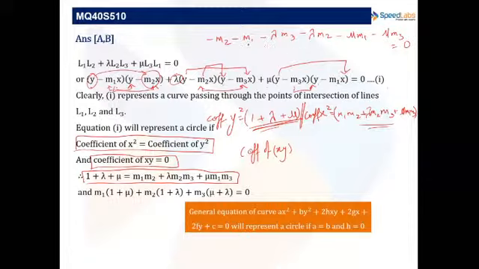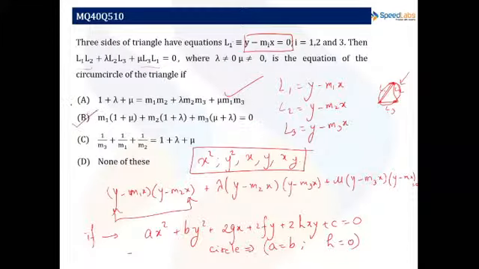So take this and this, we will be getting 1 plus mu into m1, and for m2, 1 plus lambda into m2, and for m3, mu plus lambda into m3 equal to 0. So that is our option B. So the correct options are A and B.